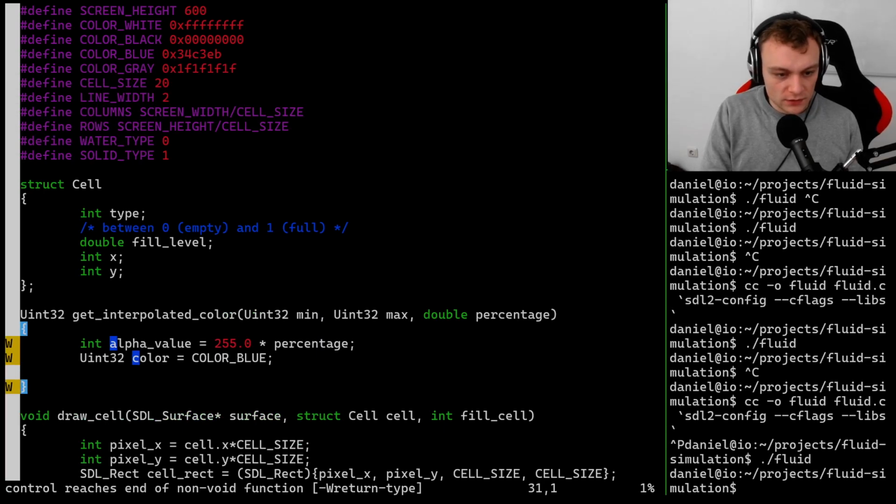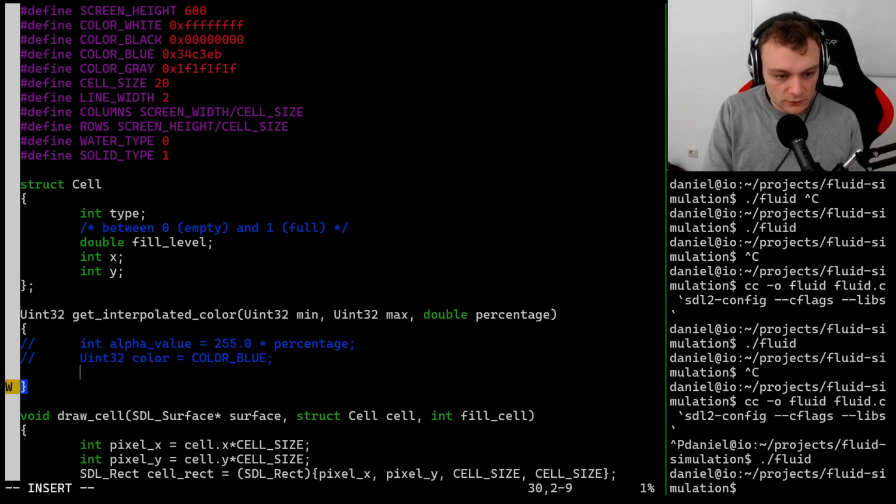Wait. Let's forget about the alpha value part and let's just try return max minus min multiplied by percentage plus min. So that is what I forgot earlier.